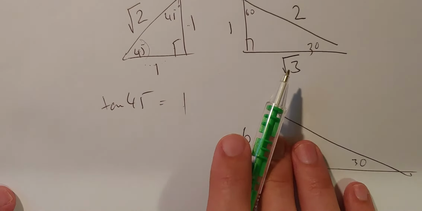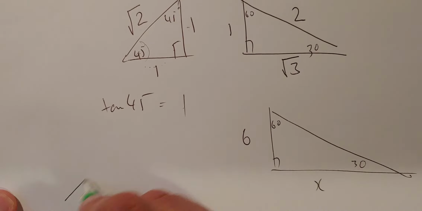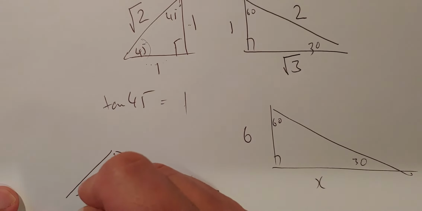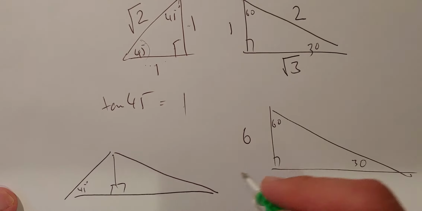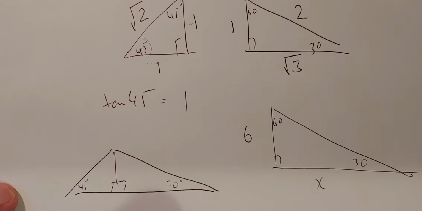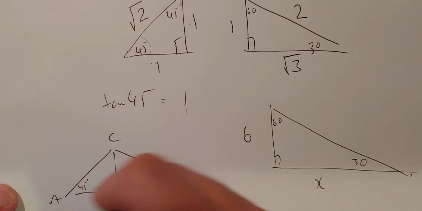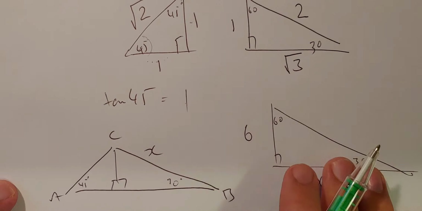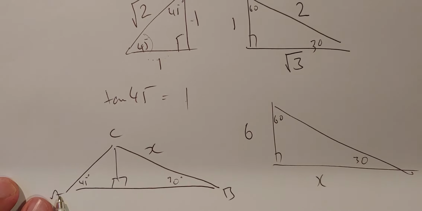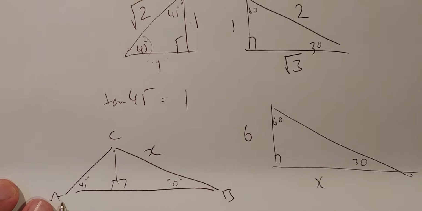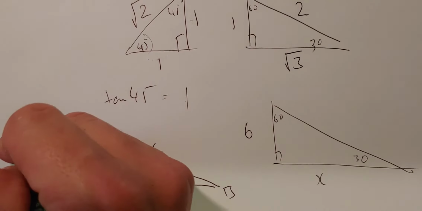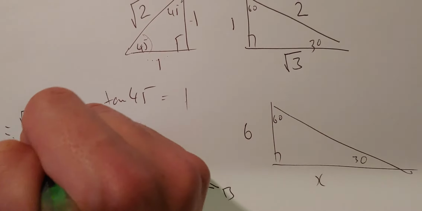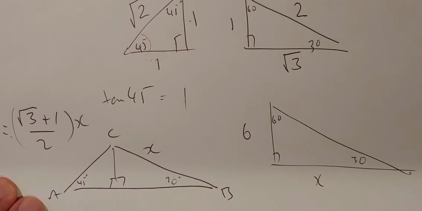So the question for part E was this. We have 45 degrees here, we have 90, 90, and we have 30 degrees here, and we have C, A, B, and an X. It said, prove that this distance AB equals root 3 plus 1 on 2x.